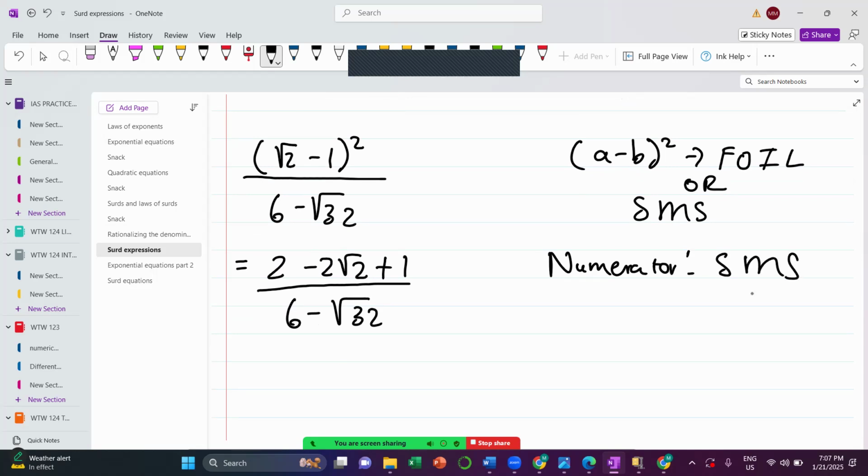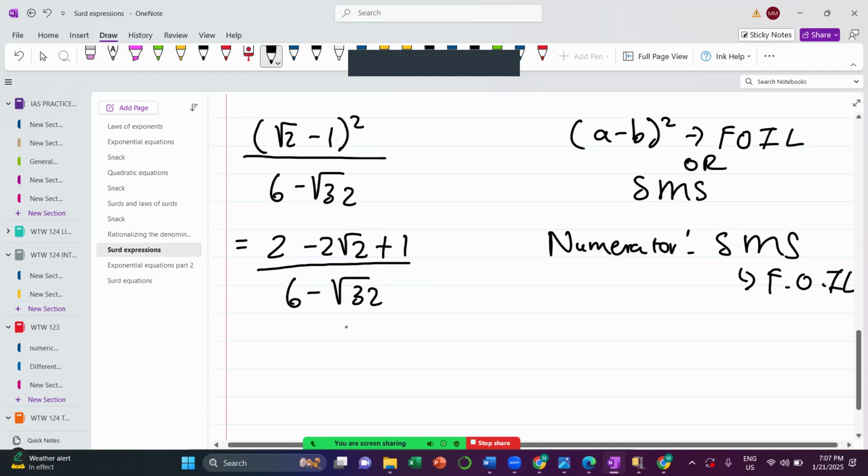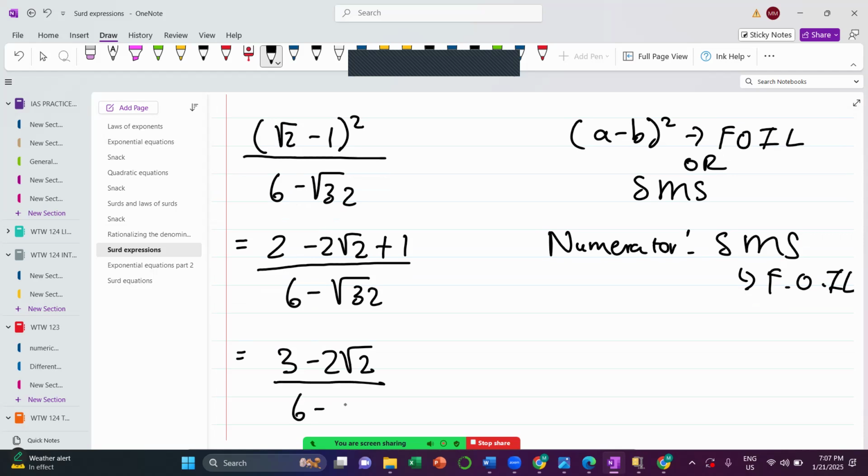And you can verify it by using FOIL. I won't redo it because I assume that you already know the FOIL method from grade 9. So now I'm going to have 2 plus 1, which is just going to be 3 minus 2 root of 2, right? All over 6 minus square root of 32, right?